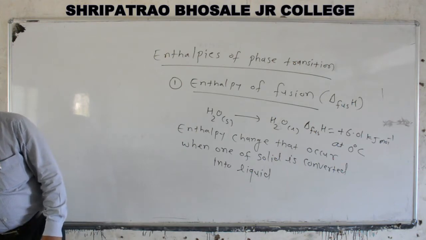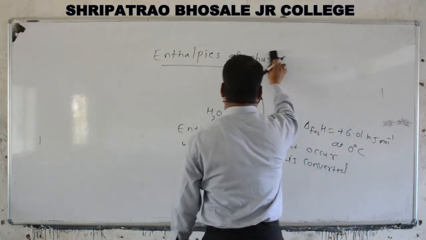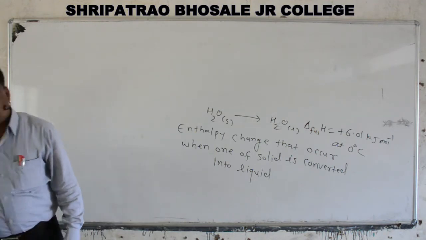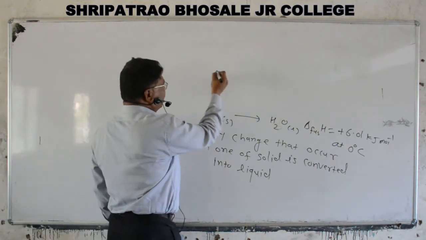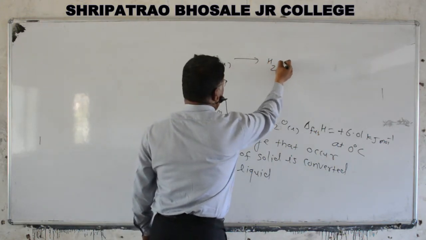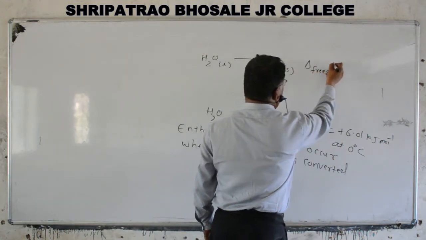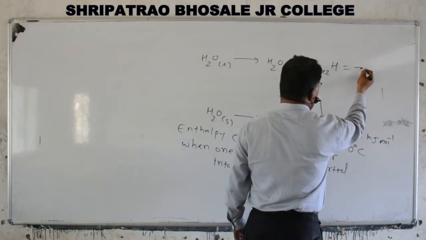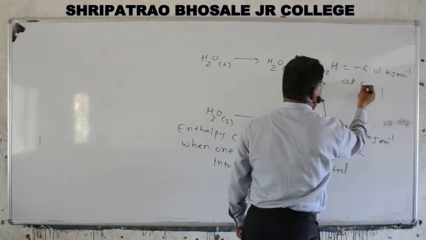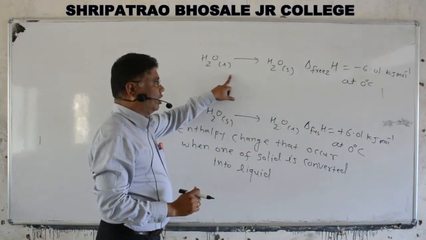another example, the reverse of this process, that is enthalpy of freezing. H2O liquid gives H2O solid. Freezing, that is delta H is equal to minus 6.01 kilojoule per mole at 0 degree Celsius. So the reverse of this is called enthalpy of freezing.